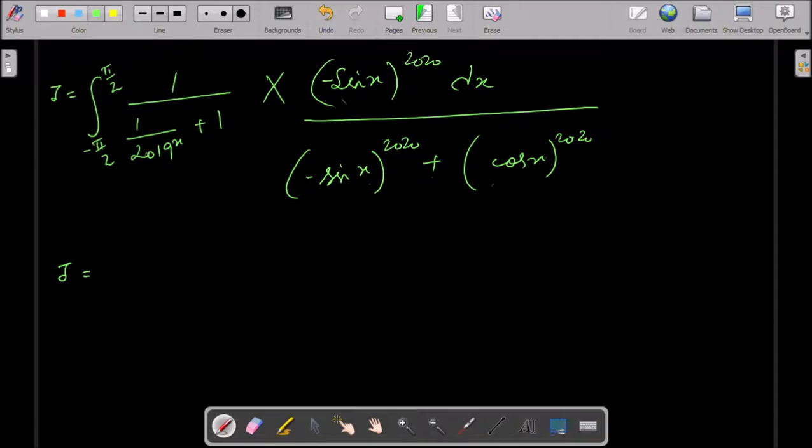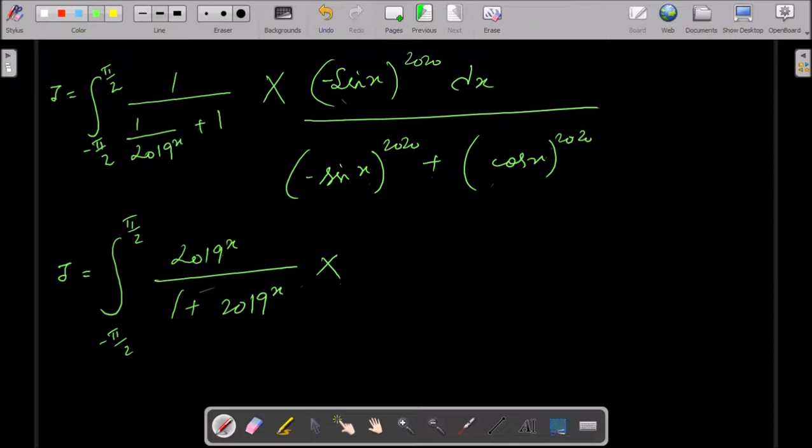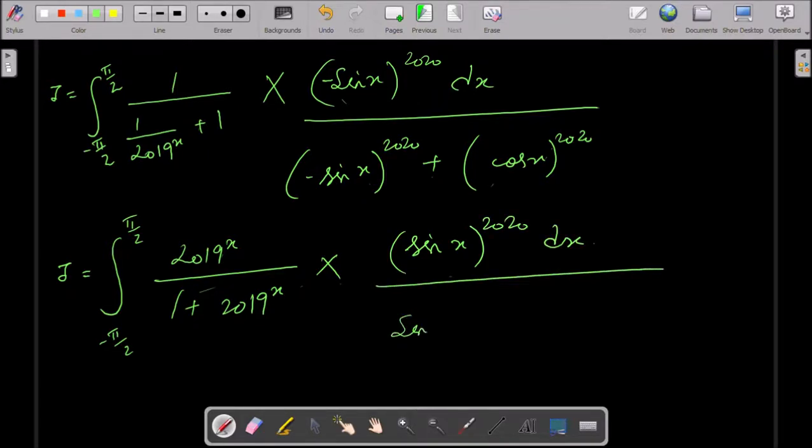I equals, see, we will take it here and here: 2019 to the power x upon 1 plus 2019 to the power x. Okay, understood? And this will be sin x to the power 2020 dx upon sin x to the power 2020 plus cos x to the power 2020.